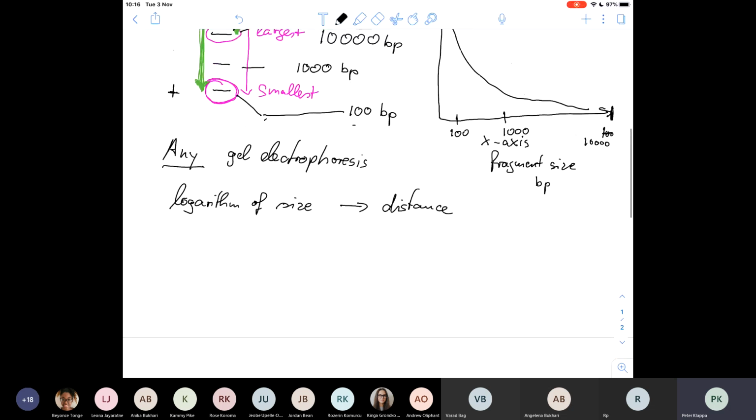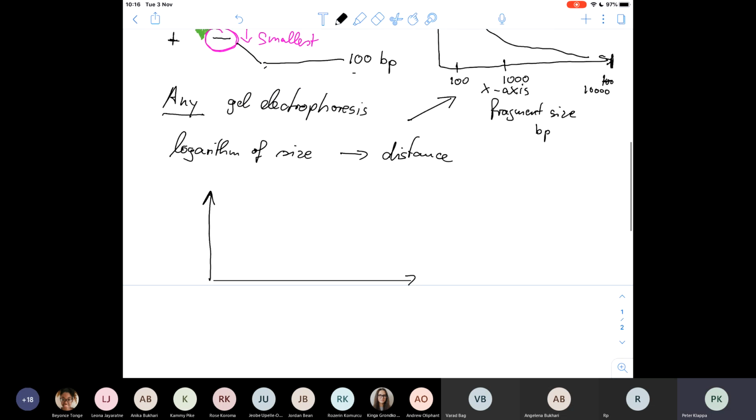So if, instead of plotting this graph here, we plot the logarithm, and you can basically use whatever logarithm you want.